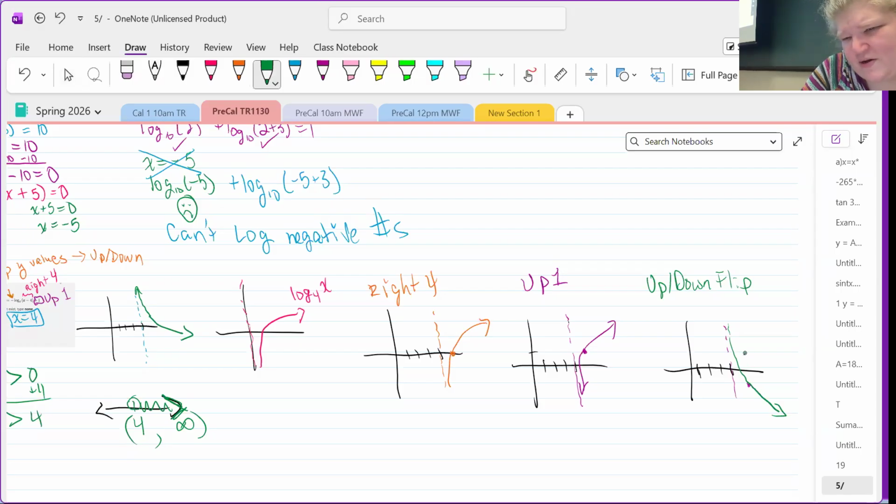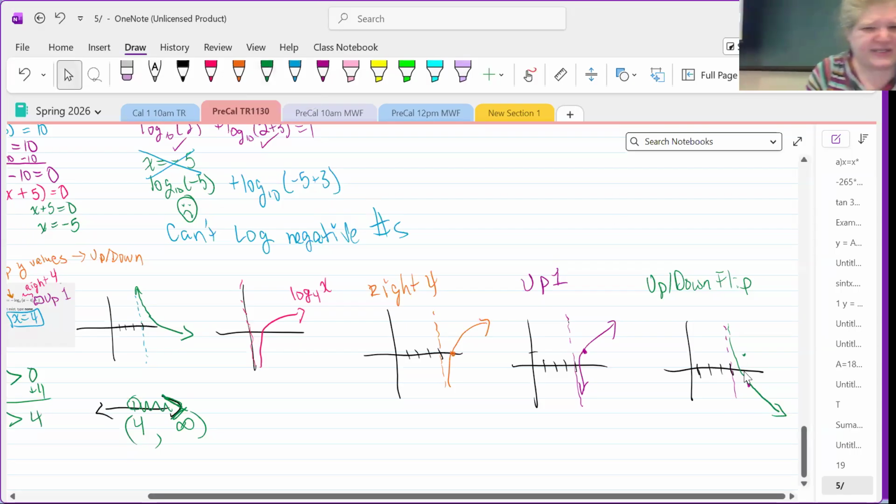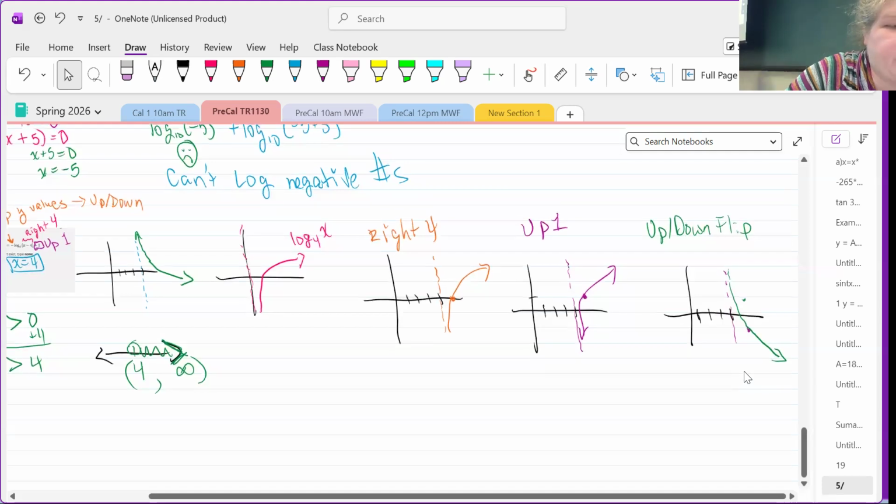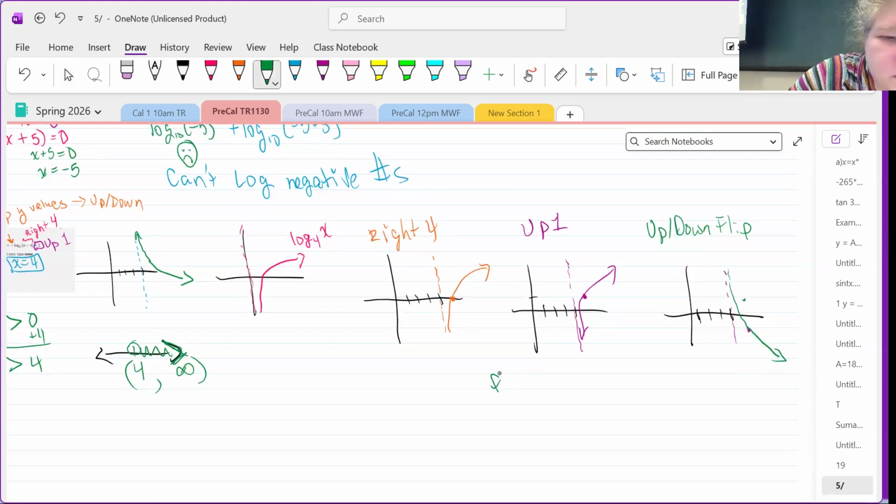I could be wrong. It could actually go through that point up there. I don't remember exactly where that point ends up, but it is for sure on the right side of the graph. If we wanted to know for sure, I could plug in the number 5 into the equation: negative log base 4 of x minus 4, plus 1.